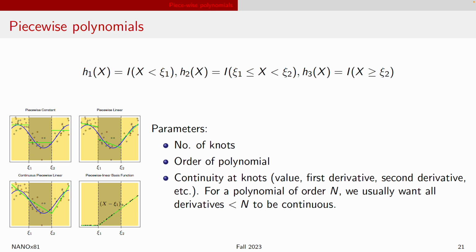Now you can go for something more sophisticated. So instead of saying I'm going to only choose a constant value, I'm going to choose a linear line to fit each region. This is what you get. This is called piecewise linear. You have one linear line here, one linear line here, and one linear line here, each describing each of those regions. Okay.